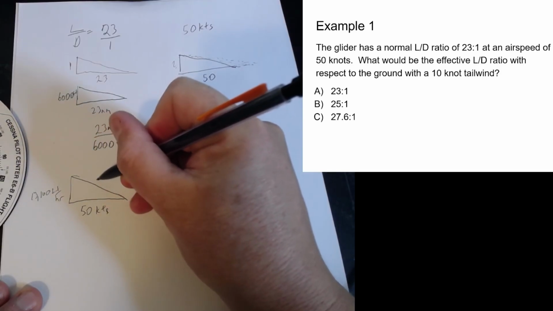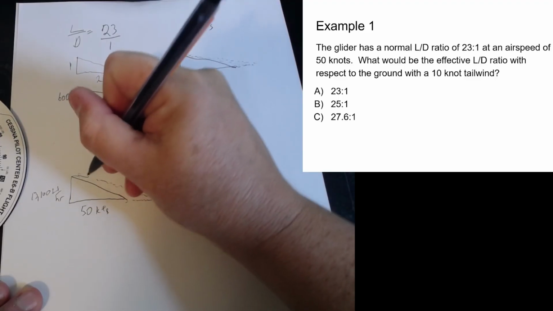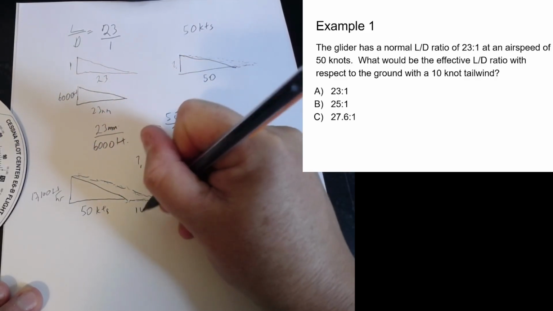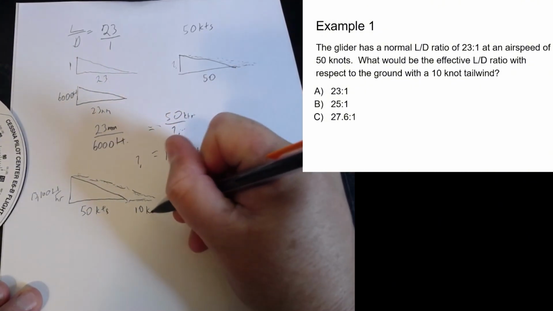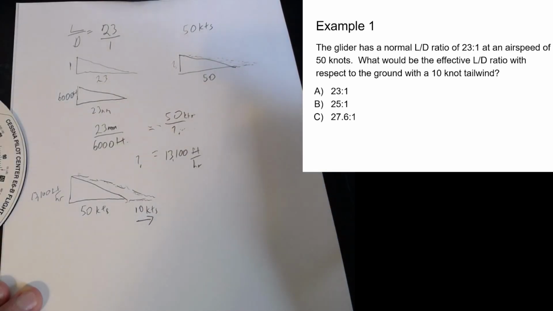So we'll add it, it's not perfectly to scale. That's supposed to be a dashed line here. So it's 10, a 10-knot tailwind. Obviously that wind would be pushing us 10 additional knots because it's a tailwind.